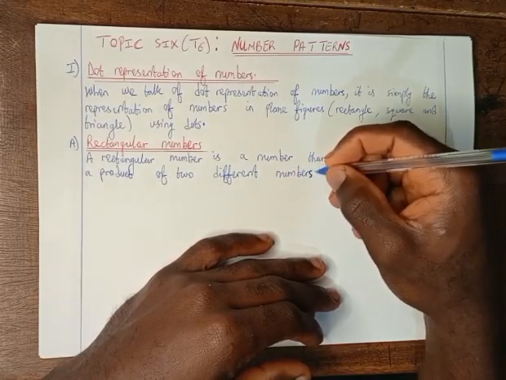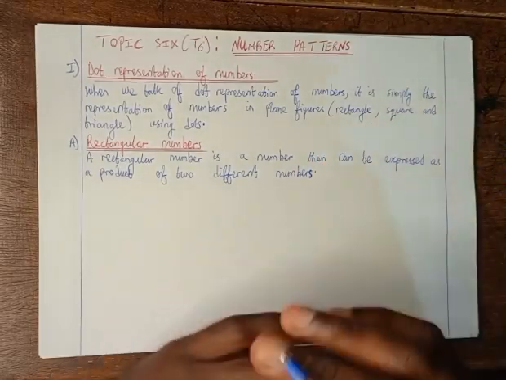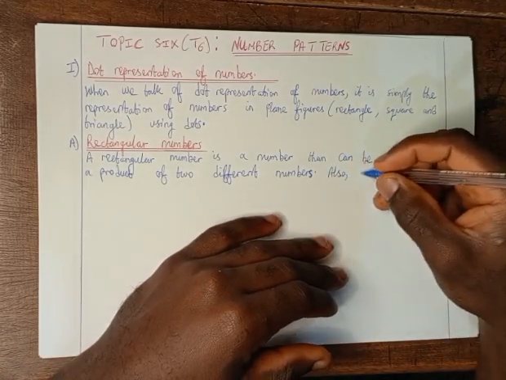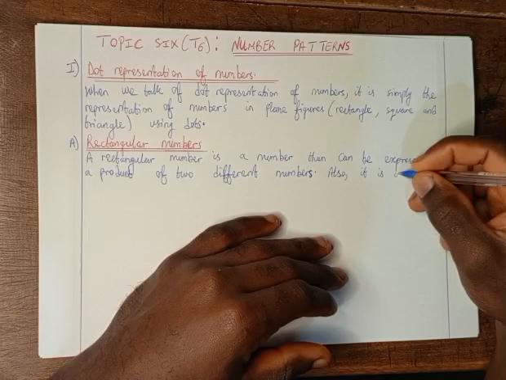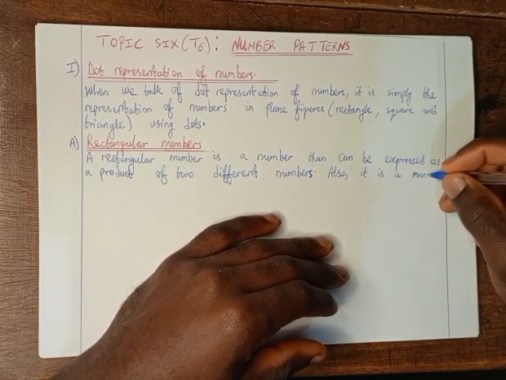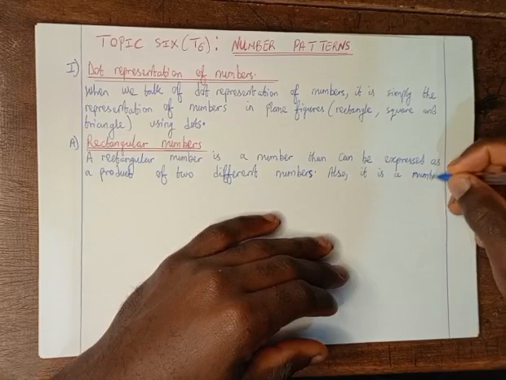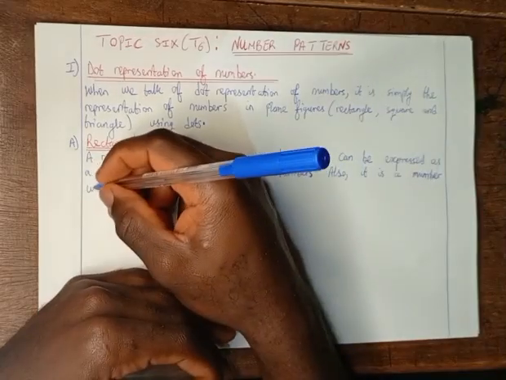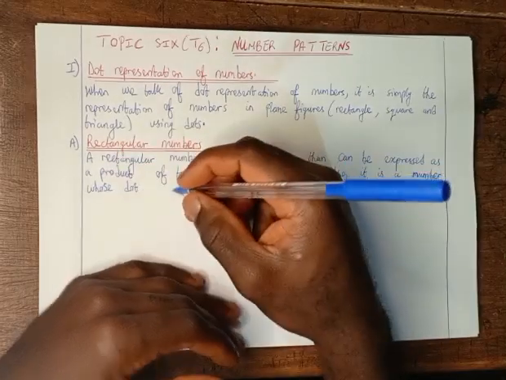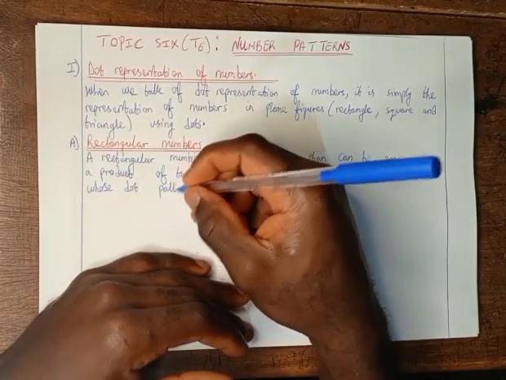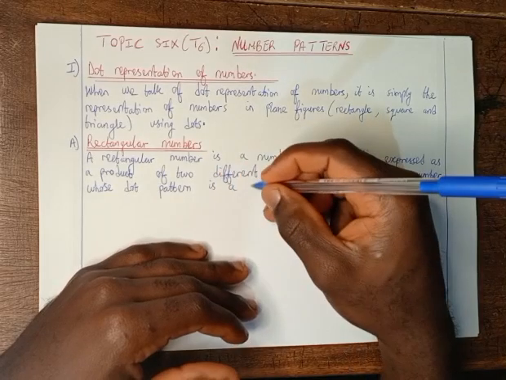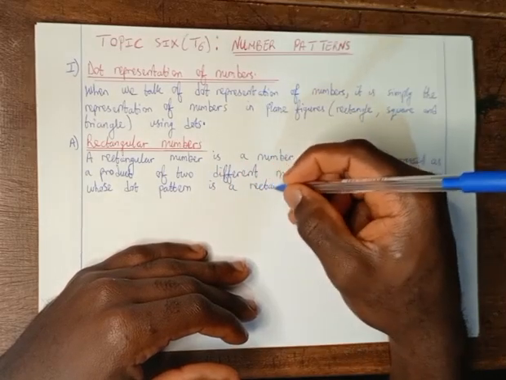The numbers are to be positive, and should be different. Also, it is a number whose dot pattern is a rectangle.